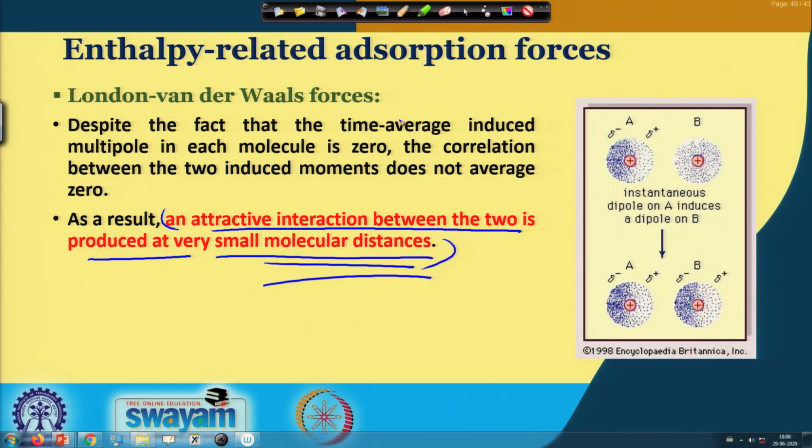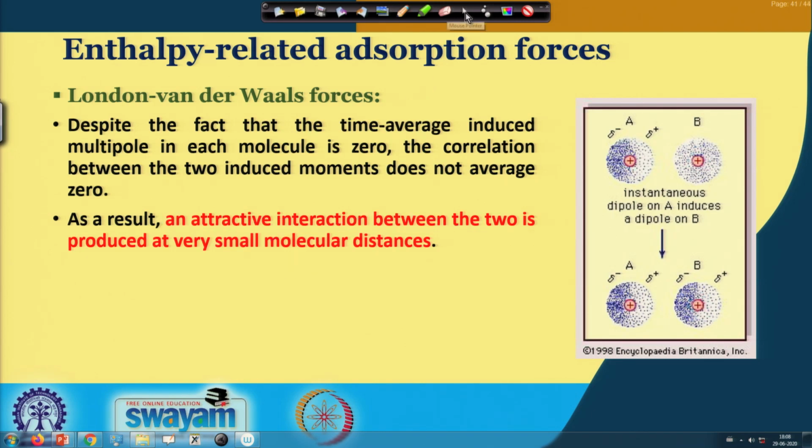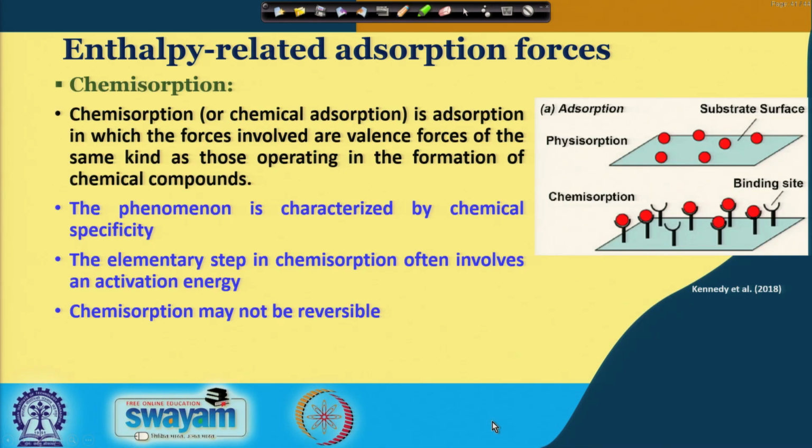This van der Waals force basically occurs at very small molecular distance due to this induced dipole between the two polar molecules. So, this is one of the important examples of an enthalpy related adsorptive force, which plays a very important role in the adsorption or retention of pollutants onto the soil solid surface.